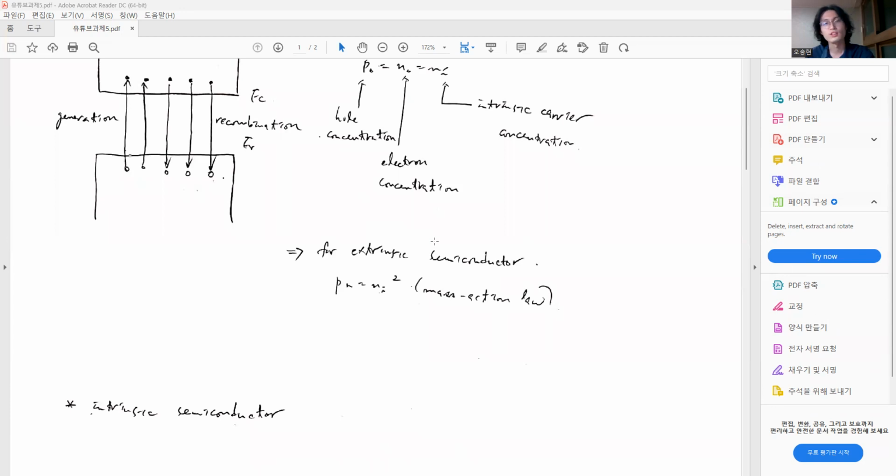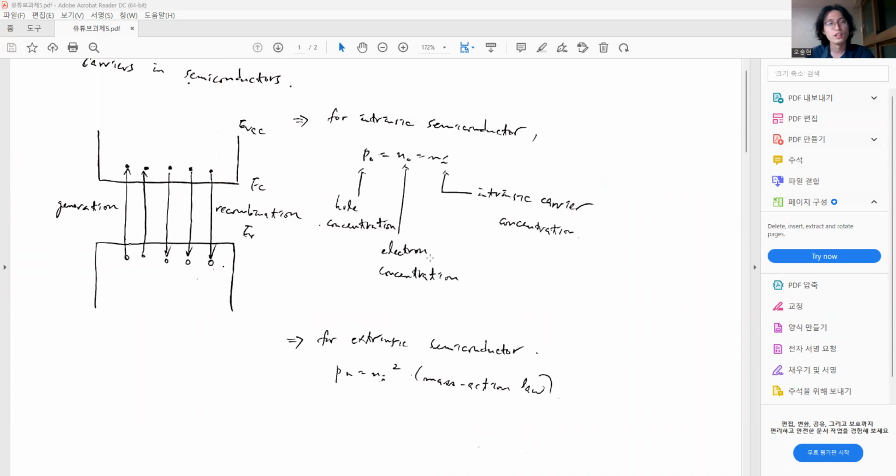However, for extrinsic semiconductors, the number of holes and the free electrons are different, but the condition, which means the multiple of the number of holes and free electrons, must be the same as the square of the number of electrons in semiconductors.